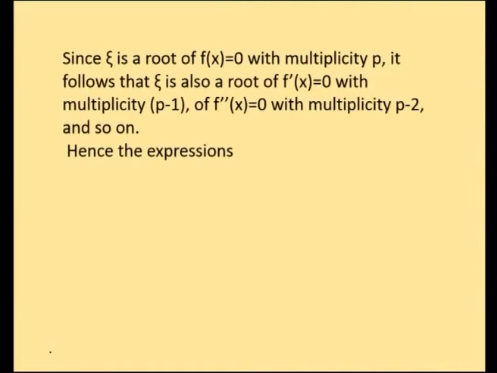If epsilon is a root of f of x equal to 0 with multiplicity p, it follows that epsilon is also a root of f dash of x equal to 0 with multiplicity p minus 1, and of f double dash of x equal to 0 with multiplicity p minus 2, and so on.